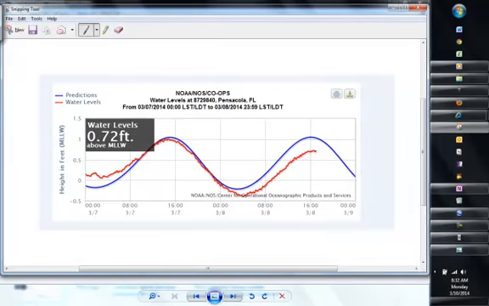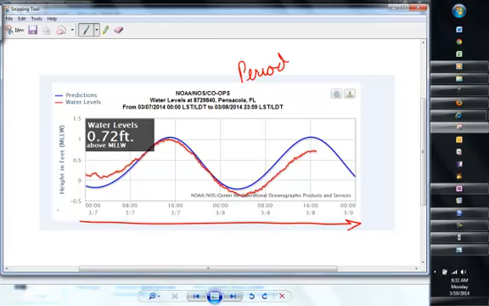Okay, so this time again we are better off with period, because if you notice our horizontal axis is time, our vertical axis is in feet, MLLW, mean lower low water level. I forget exactly what the letters stand for, but it stands for the average height.